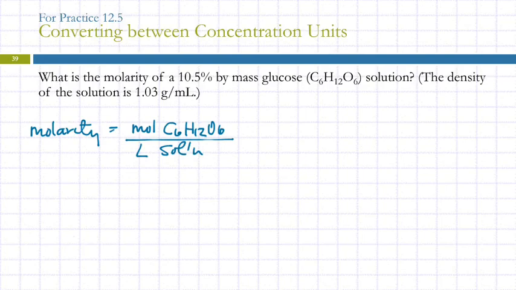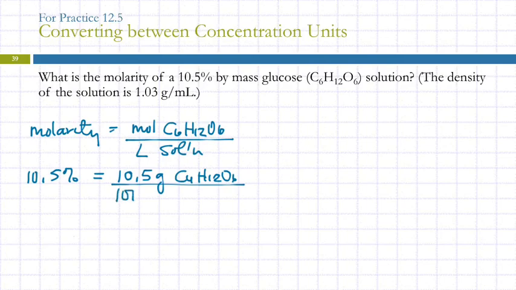So then I'm going to go and look at the numbers that I've been given and see what those mean. I've got 10.5% by mass glucose. So that means there are 10.5 grams of glucose per how many? 100 grams of what?